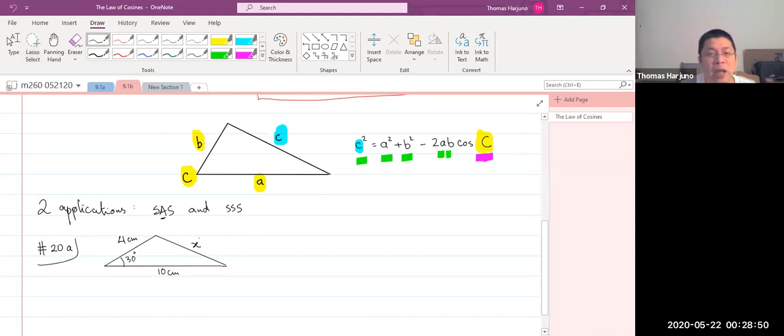You see this x is the one we are looking for, the side that we are looking for. And the other two sides are 4 and 10. So I get 4 squared plus 10 squared minus 2 times 4 times 10 cosine 30 degrees. Then from there, you use your calculator. Whatever the result, you apply the square root.